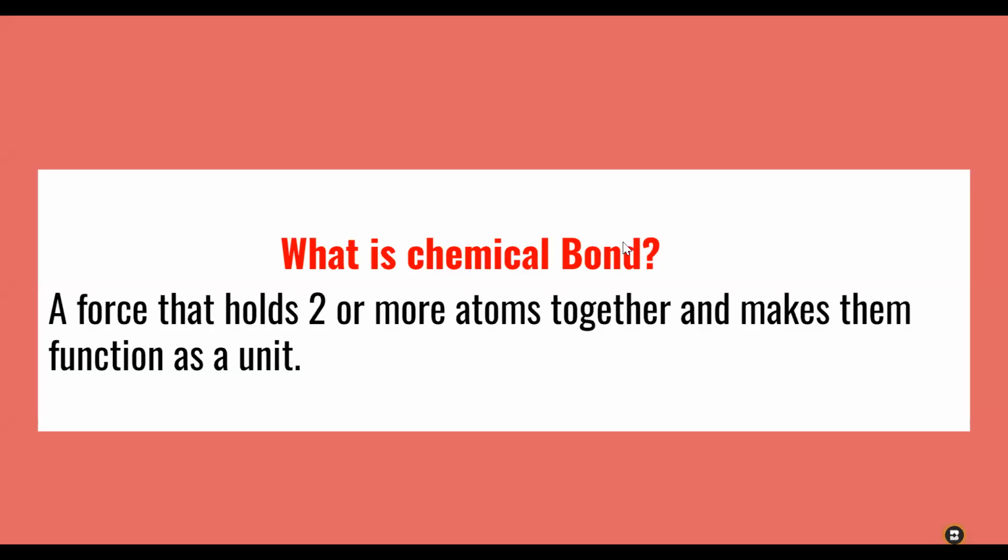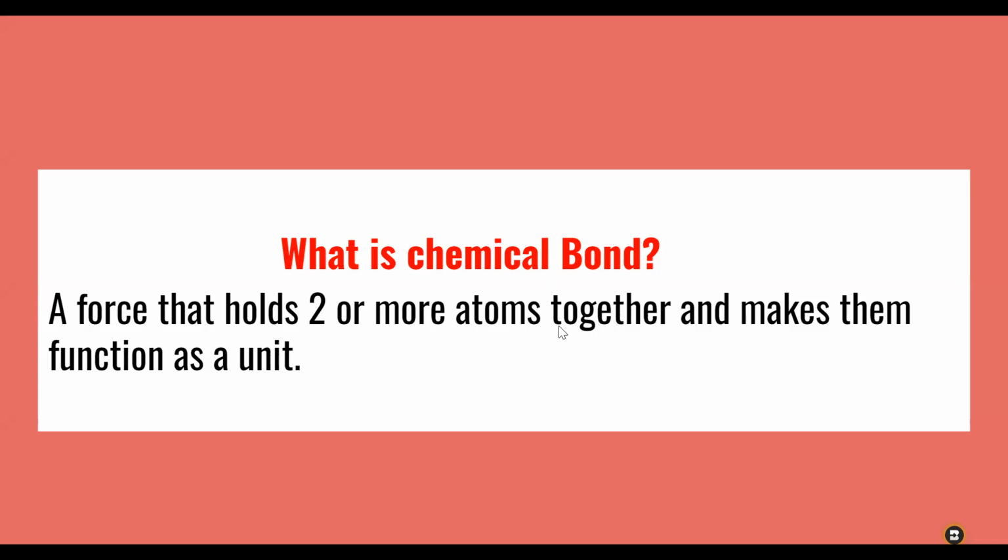So what is a chemical bond? A force that holds two or more atoms together, makes them function as a unit. After all, you saw how you have individual atoms, they bond together and they form a unit. But one thing you must know is when they bond together, there are different ways, which I will explain.